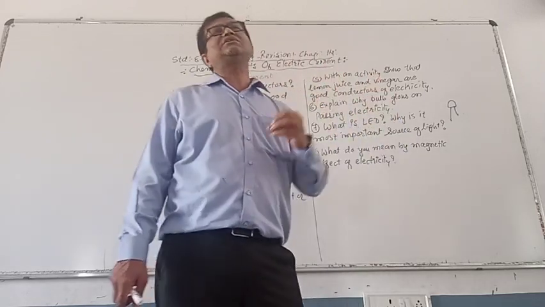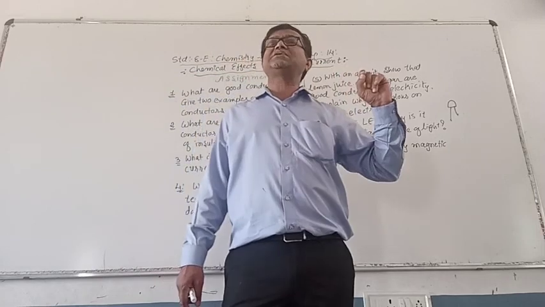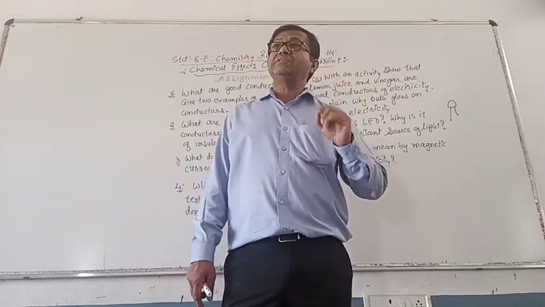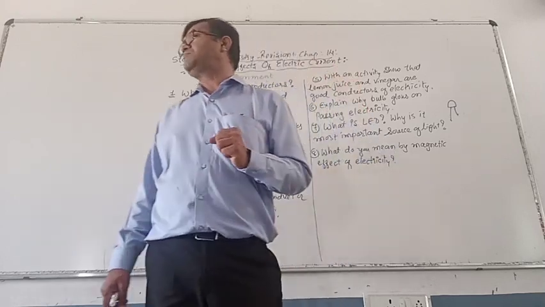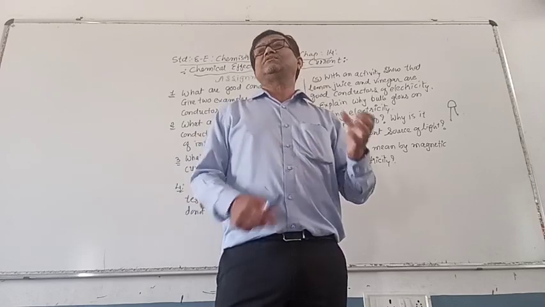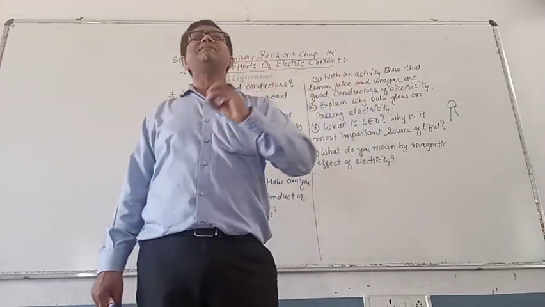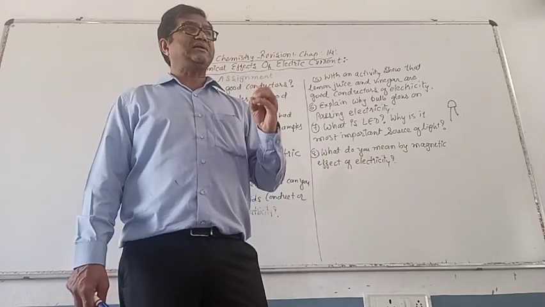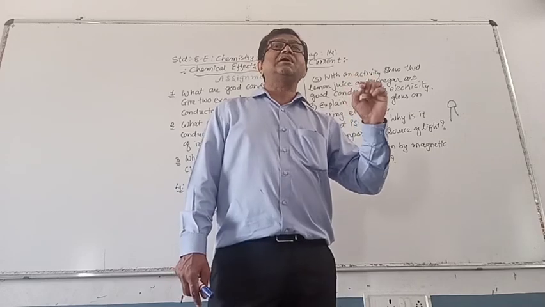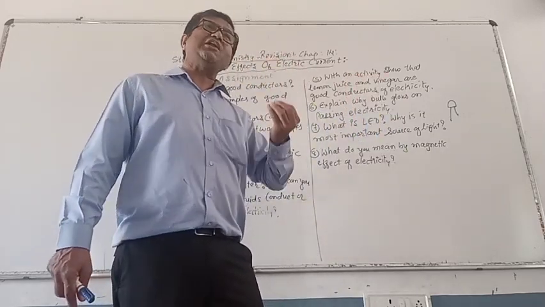Because sometimes we saw that in the tester, if the current is very low, then the normal bulb will not glow, and then we will not have a right detection of whether the material is a good conductor or bad conductor. But LED will glow, no matter if the current is very low.